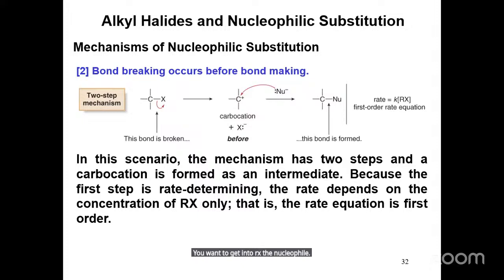The second possibility is that bond breaking occurs before bond making. In this case, the halogen or the leaving group is broken off from the carbon in the alkyl halide, resulting in a carbocation intermediate, which is then attacked to form the product.